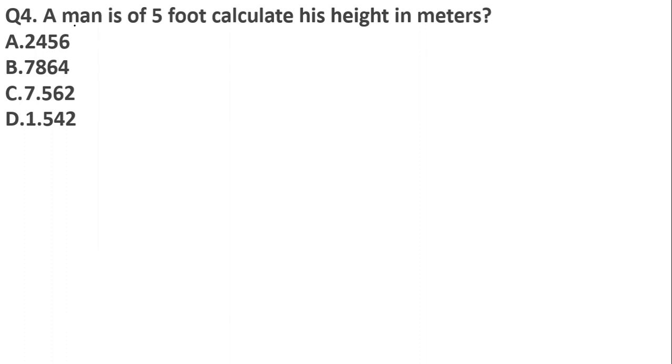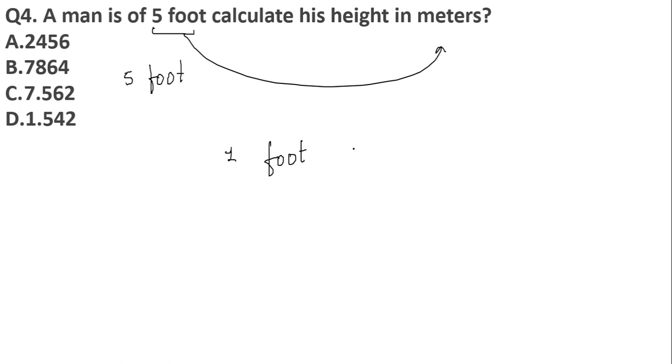What they are saying is a man is 5 foot, his height is given in foot. Calculate his height in meters. To understand this question, we have to convert foot into meters. We know that 1 foot is equivalent to 0.3048 meters. So 5 foot will be equivalent to how much?